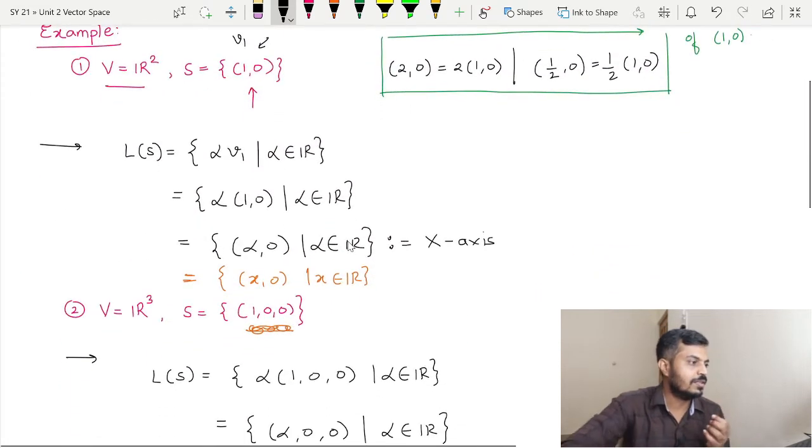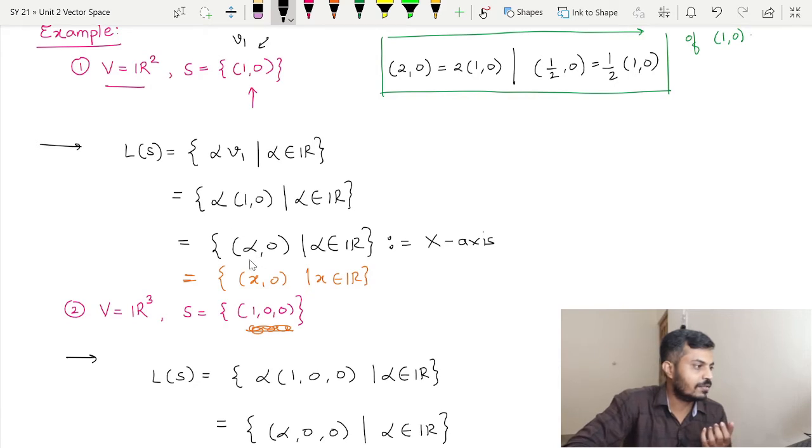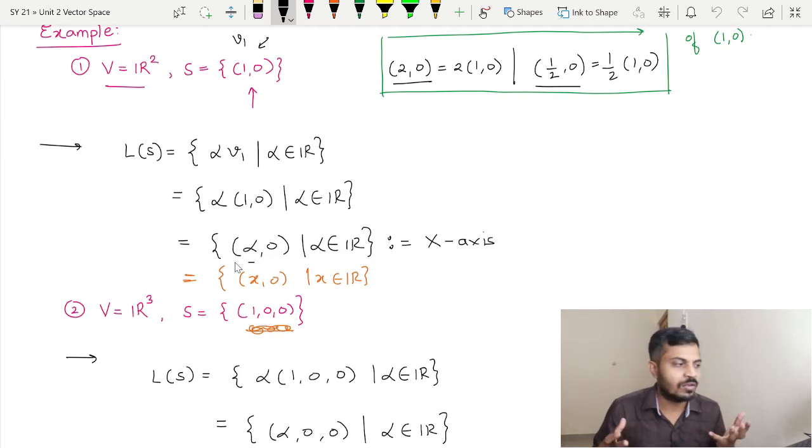As in the example here, if I take the value of alpha to be half, then I get half of 0, which is already present. If I take the value of alpha to be 2, I will get 2 times 0. Similarly you can choose any value of alpha. If I choose alpha to be 0, then I will get 0 comma 0, isn't it? And which is already present in L of S. Actually this was our first observation, right?